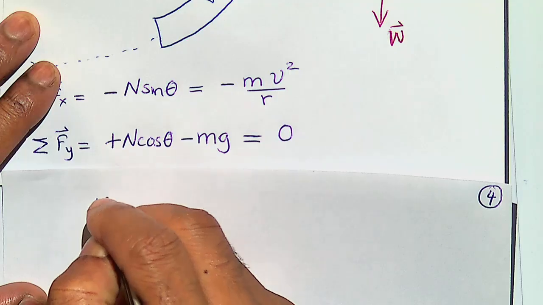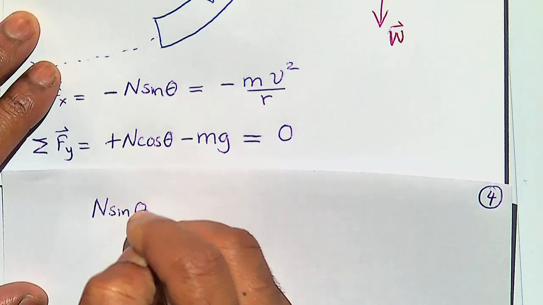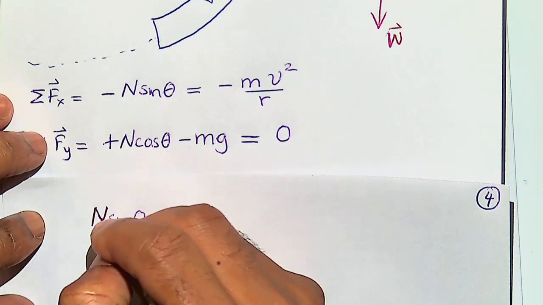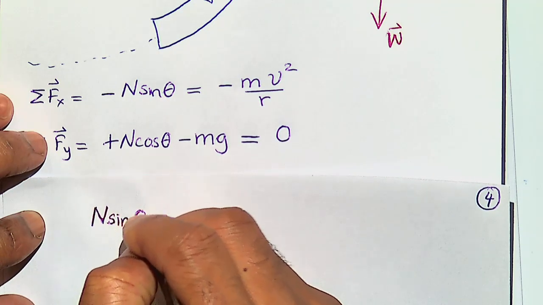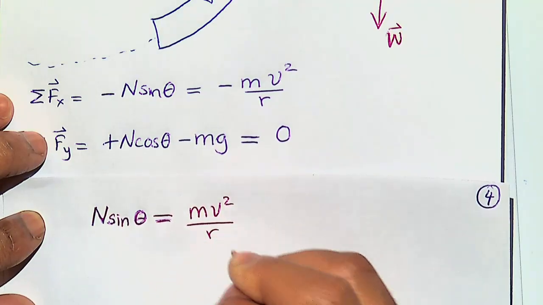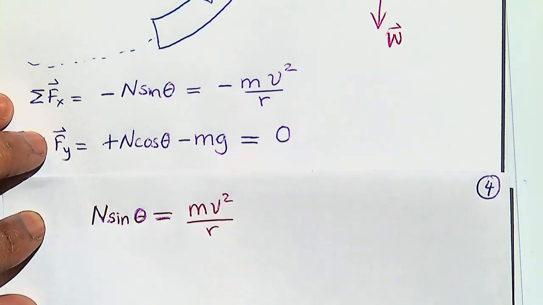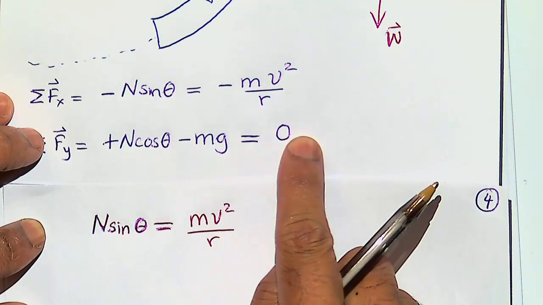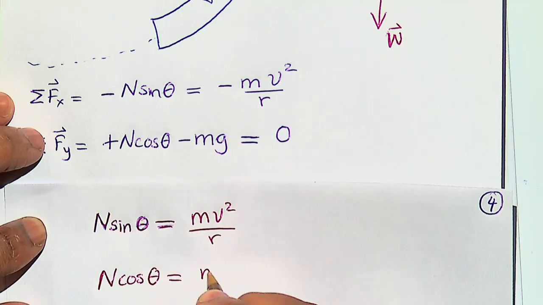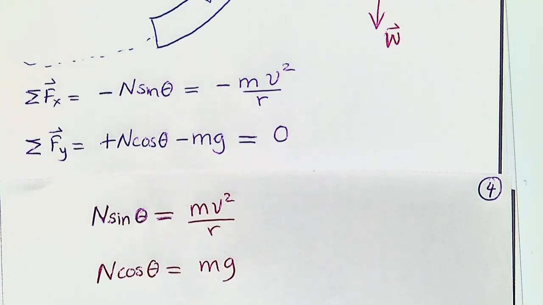Then we'll have the normal force sine of theta is equal to mv squared divided by r. Just copying that over. This one, I'm just going to move the mg to the other side. So I have n cosine of theta is equal to mg. Okay, I'm just transferring over.